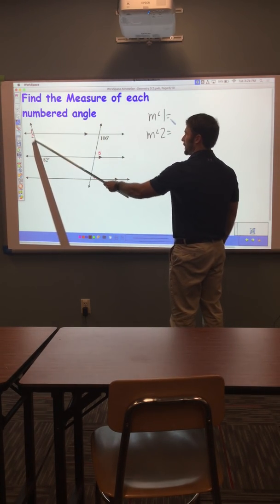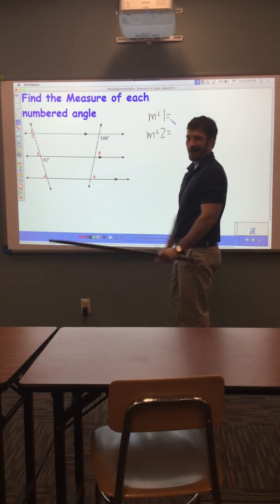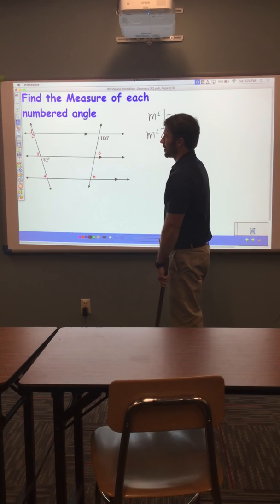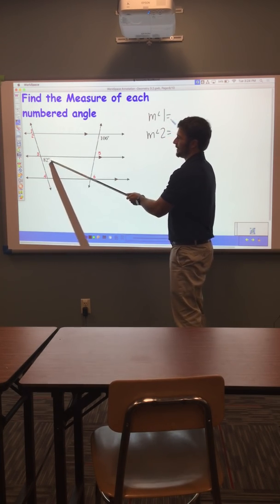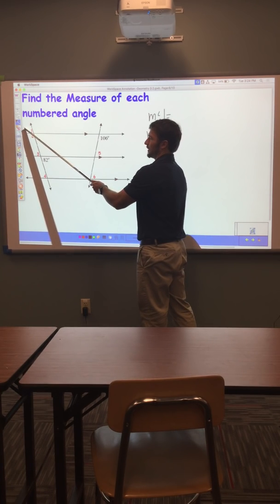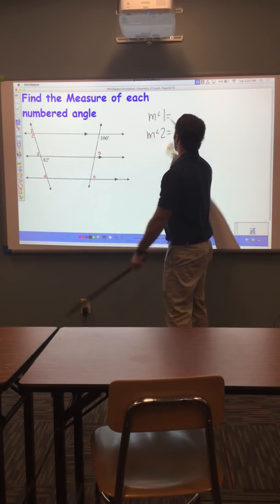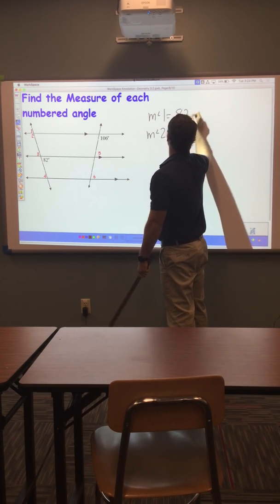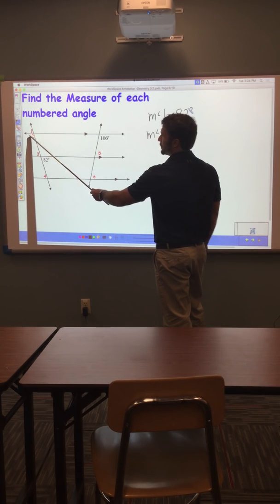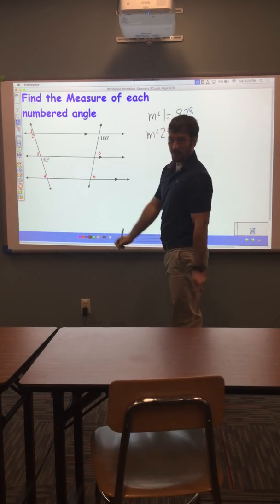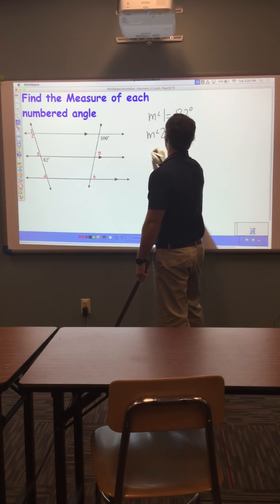However, this line and this line are not parallel, so that doesn't work there. But these two are parallel, and 82 is also alternate exterior with 1. Because the lines are parallel, angle 1 is 82 degrees by alternate exterior theorem. Which means angle 2, since they're a linear pair postulate, says angle 2 would have to be 98 degrees.